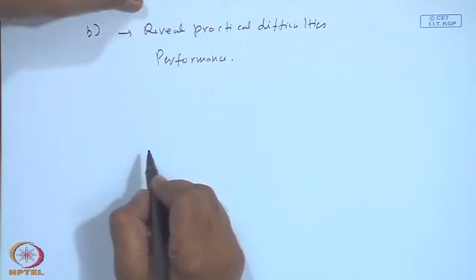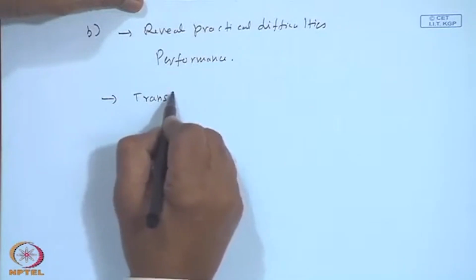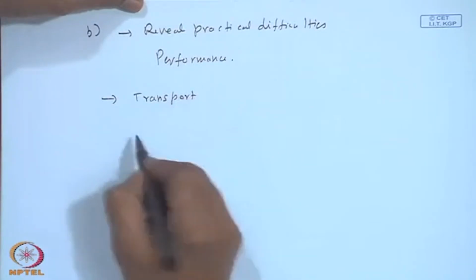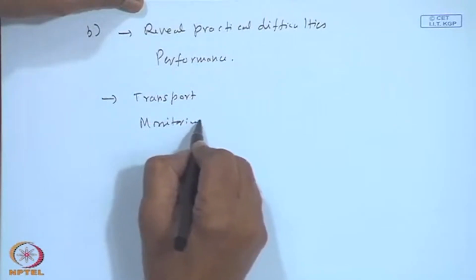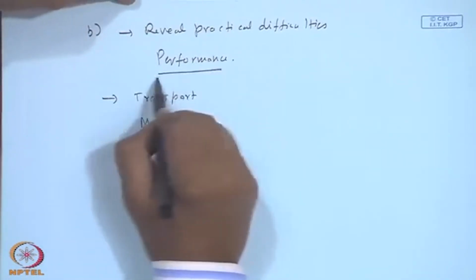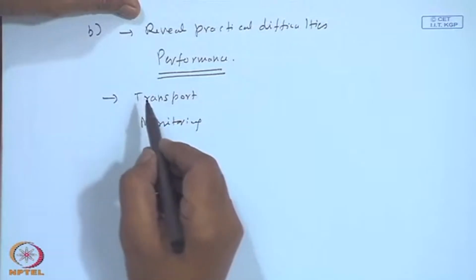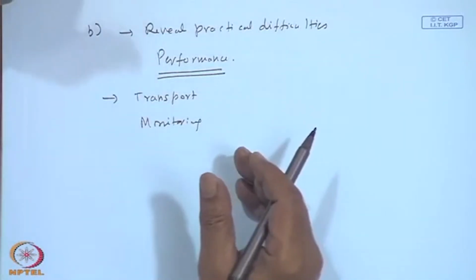For example, the practical difficulty could be even transport or monitoring of the system, and the performance, though your solar load fraction, actually you can calculate, find out what is the energy delivered compared to the energy that is met by the load.